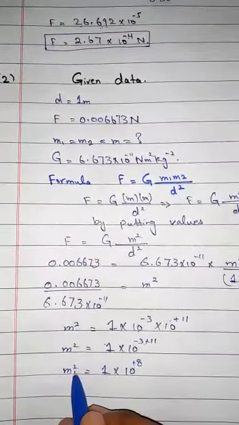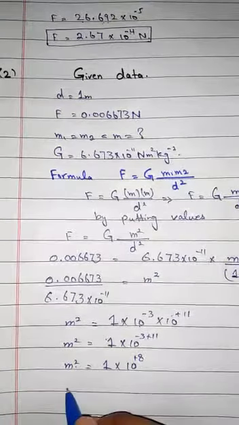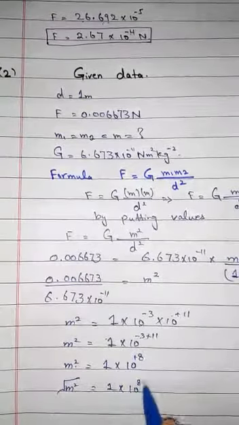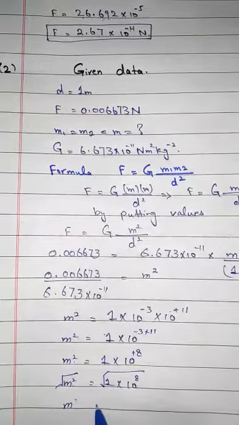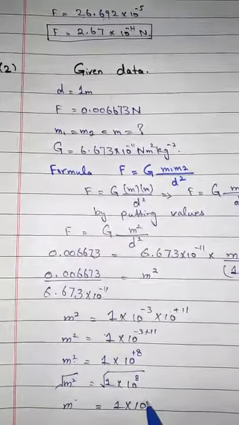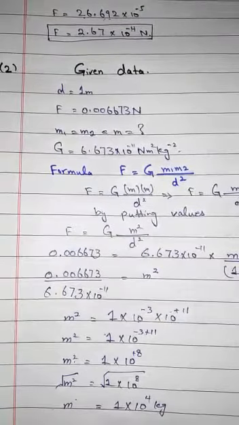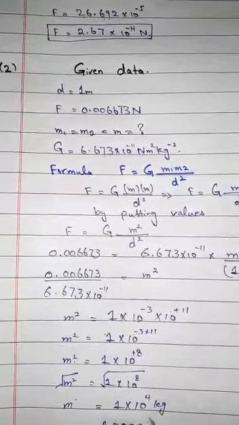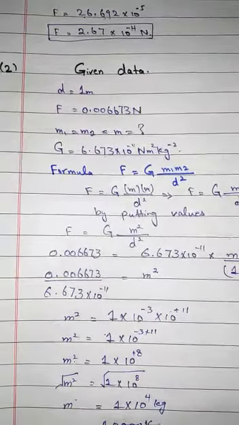We have to find the single mass, so we will take the square root on both sides. M is equal to 1 multiplied by 10 to the power 4 kg, and that will be equal to 10,000 kilogram.